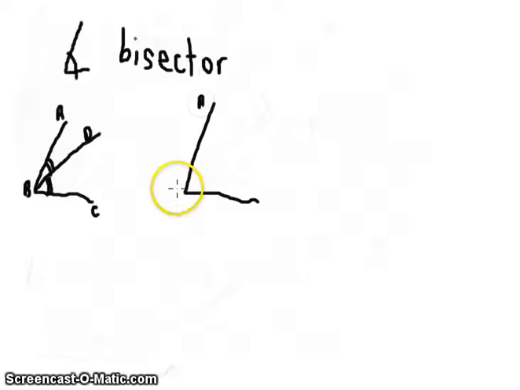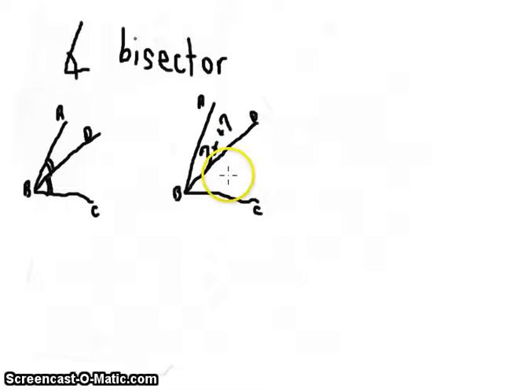So we have angle ABC. I'll use the same angle, angle ABC with ray BD. Now, if we're given that angle ABD is 3x minus 7, we're going to make it easy on you.